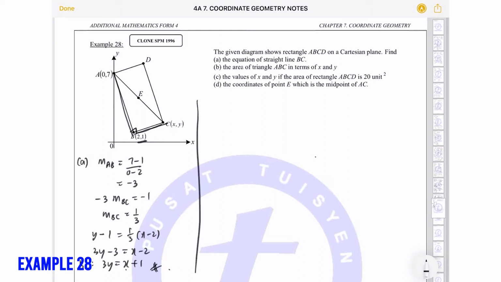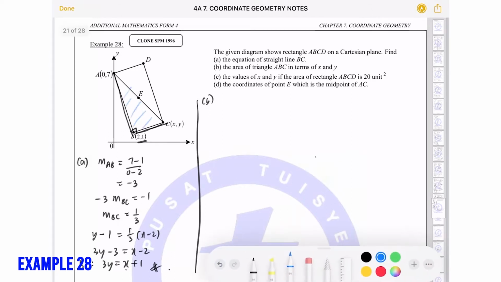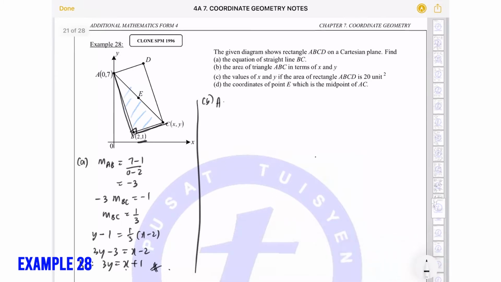Okay, next thing is area of triangle ABC. Now, triangle ABC is this. So remember, if you use clockwise, it's going to be negative. Anti-clockwise is positive. So I'm just going to use anti-clockwise to make it easier. Later on, we don't have to consider plus minus. We know it's just a positive value, right? Because I'm taking this direction anti-clockwise. A is 0, 7. B is 2, 1. C is x, y.